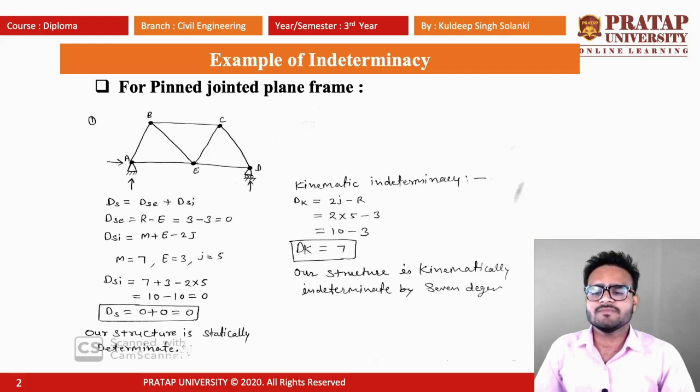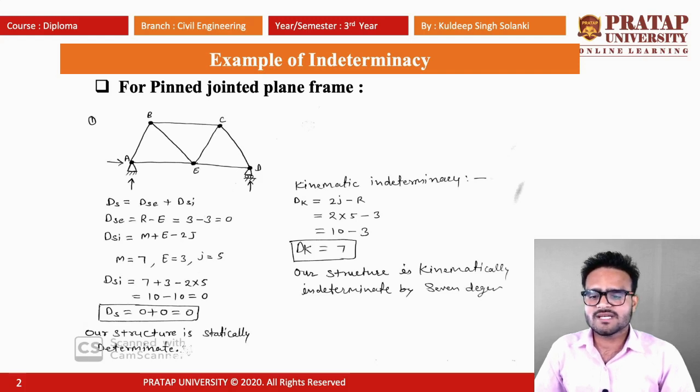E is the number of equilibrium equations, there are 3. And J, what is J? J is the number of joints available in our structure. In this case we have 5 joints: A, B, C, D and E. Now put the values of M, E and J in the formula. DSI is equal to 7 members plus 3 equilibrium equations minus 2J, J being 5.